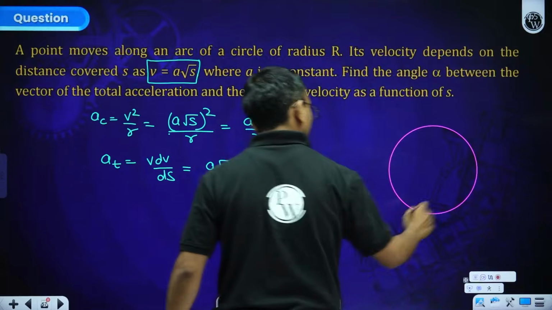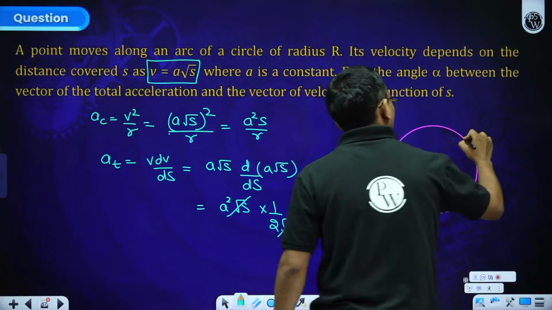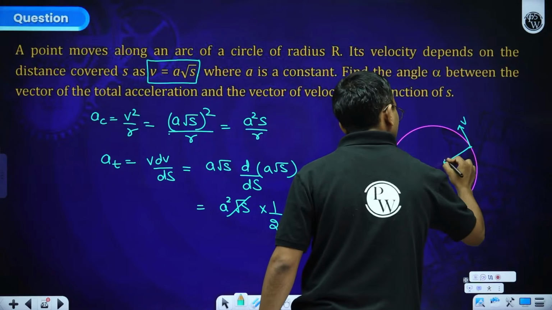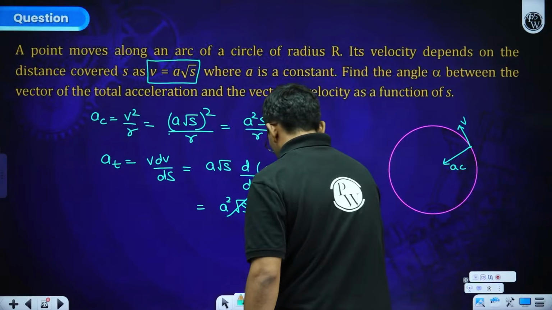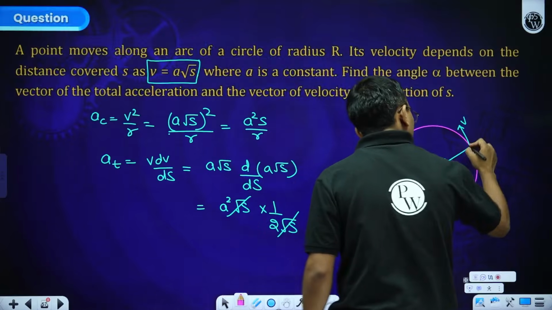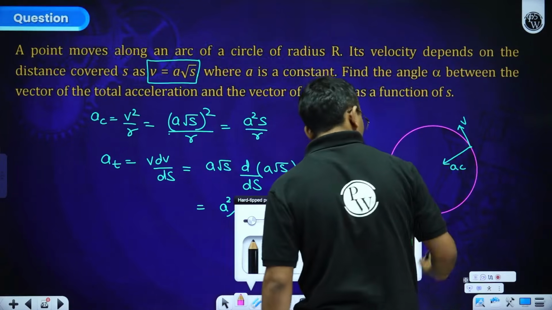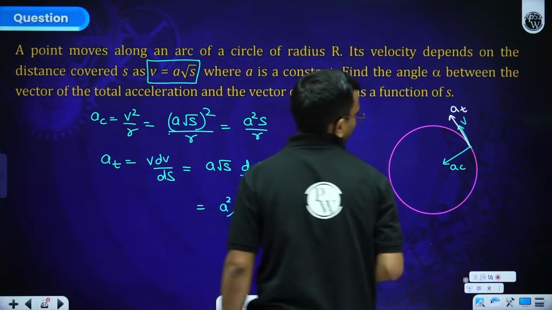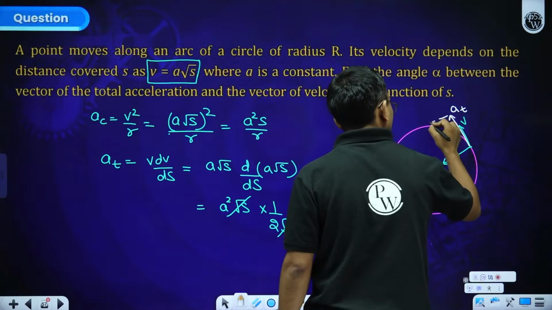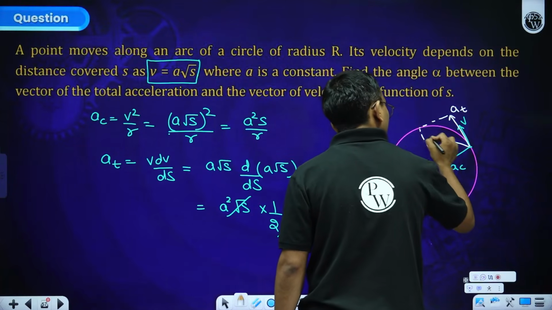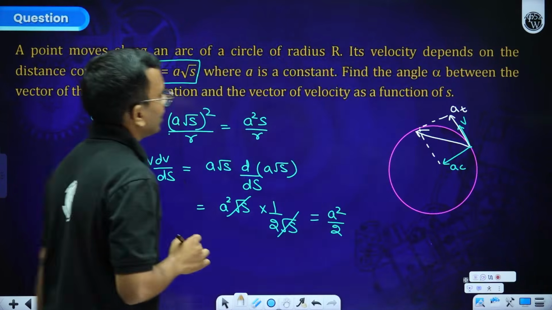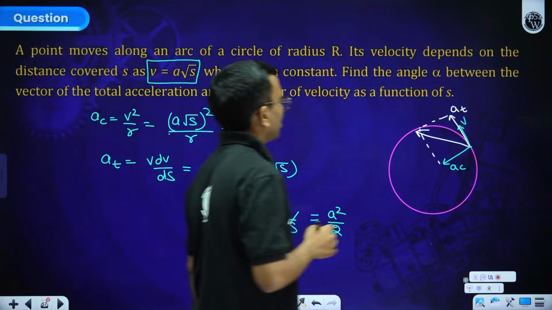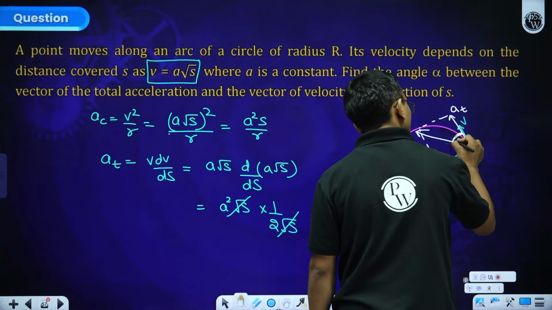There is the circular motion, you can say. The velocity is in this direction. This is the centripetal acceleration. This is in a different color. This is the tangential acceleration. The resultant acceleration will come somewhat like this. I need the angle between the vector of total acceleration and the vector of velocity. This angle I need.